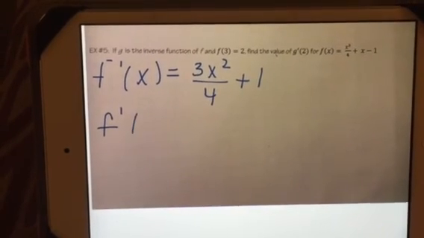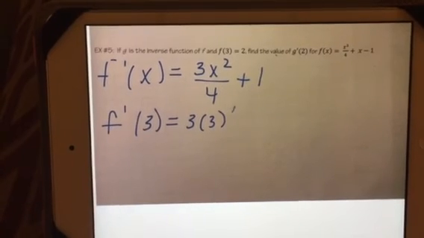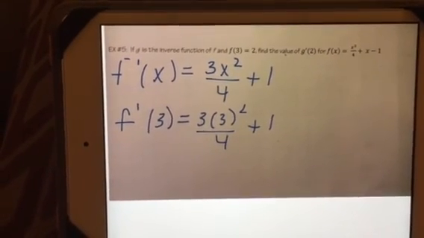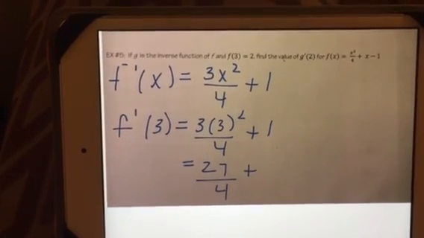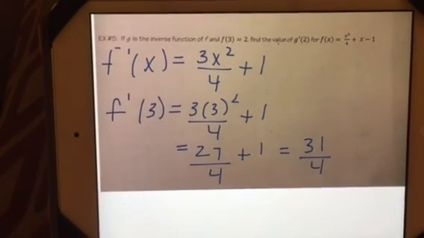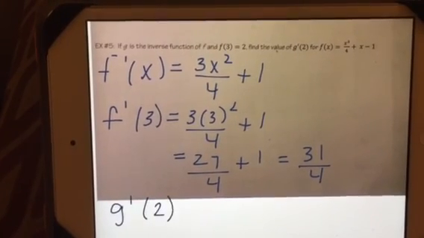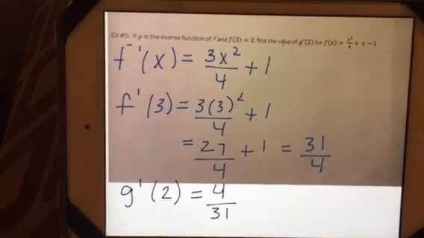Substitute in our x value, which in this case is 3. So 3 times 3 squared over 4 plus 1. That gives us 27 over 4 plus 1, which then becomes 31 over 4. Well then, g prime of 2 is just the reciprocal of that, which would be 4 over 31.